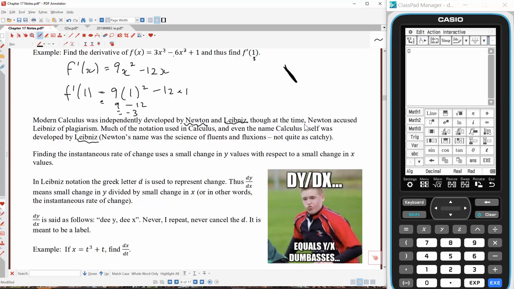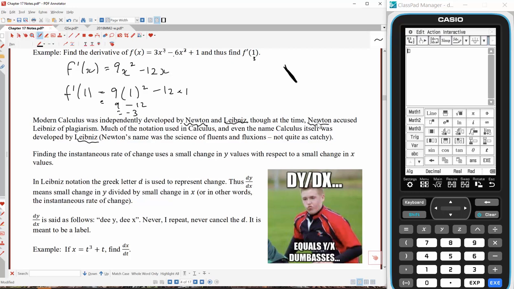But tough to win a case when that's the way it's going to be dealt with. Newton himself apparently was not the nicest of blokes, but geez, he was a smart bloke. And yeah, so calculus was his great life's work. I know he's got the object motion laws, which are used with calculus, but yeah.